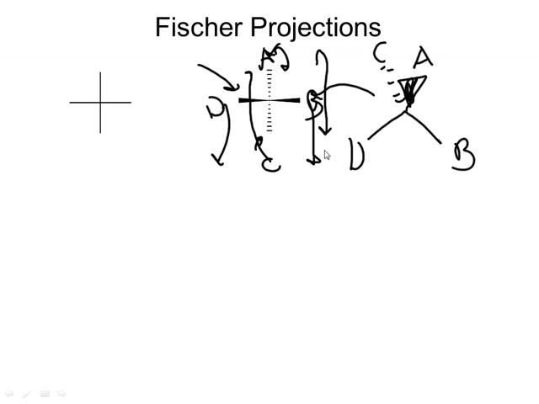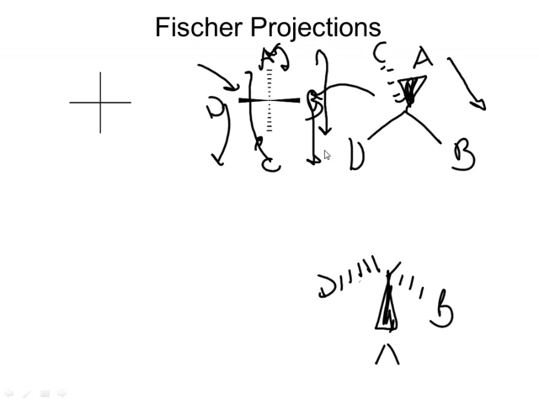And now I'm going to tilt it down and sort of twist it. So I'm going to tilt it straight down so it'll look like carbon here, D is going to be going back, B will be going back, A is coming forward, and C is straight up.